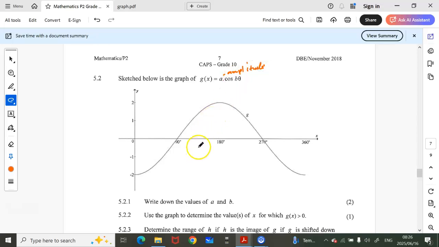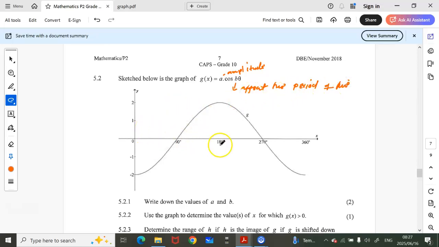A indicates our amplitude. And B affects the period of the graph.